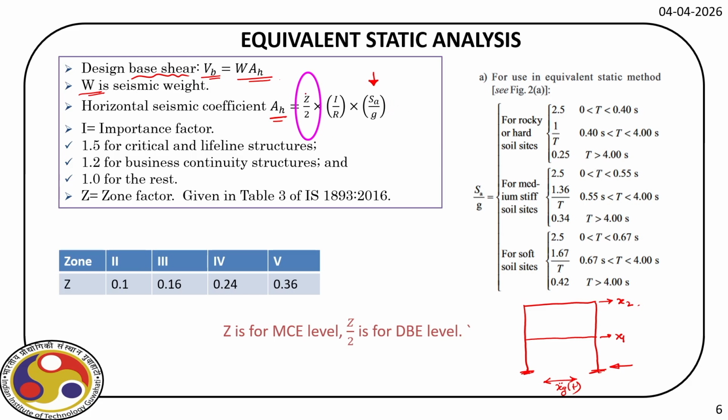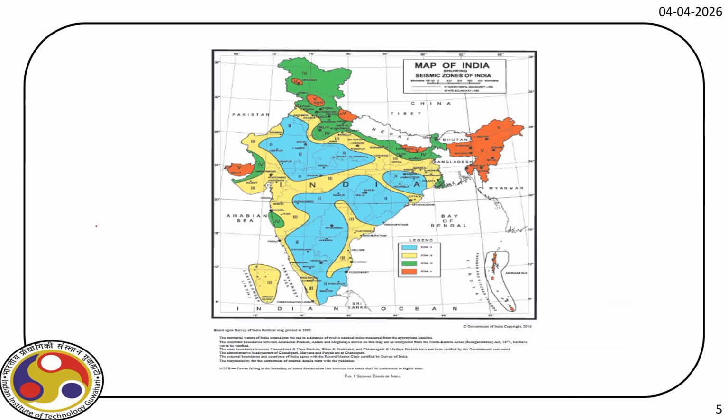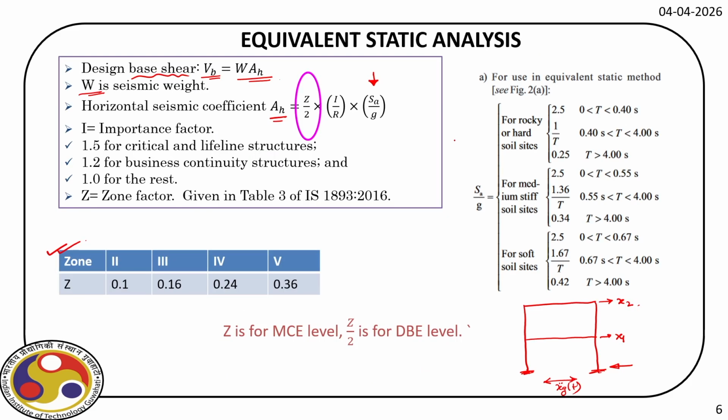So the first one, Z by 2, this Z comes from different zone, as you can see here. Recall earlier we saw the 5 different zones we have, and then for this zone 5 we have this Z factor as 0.36. Now we have Z by 2 here because we have 2 different levels of earthquake, MCE level and DBE level.